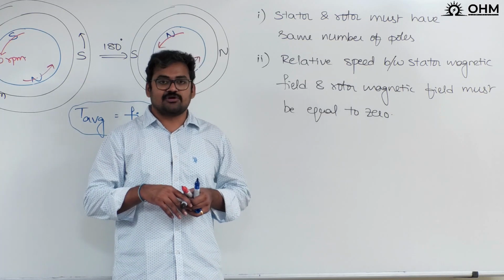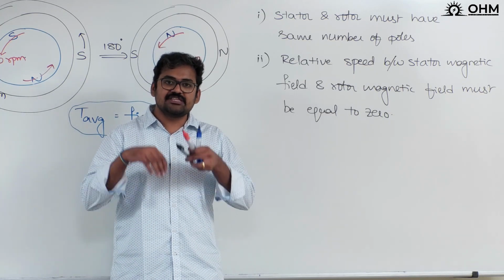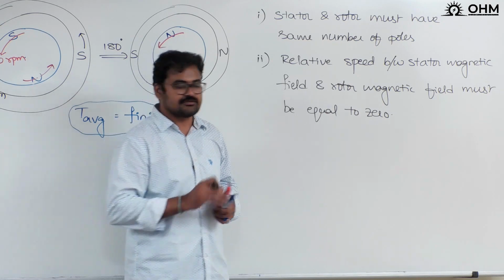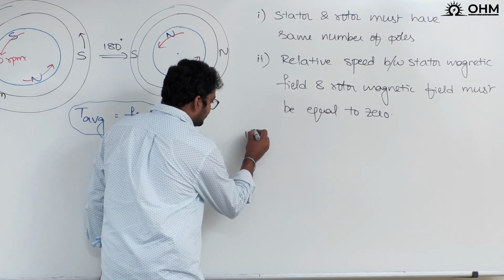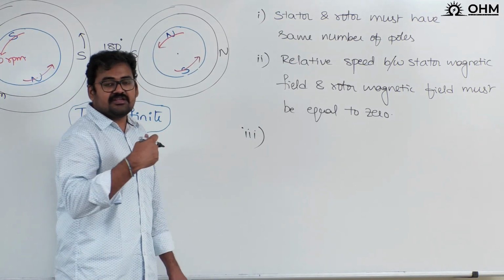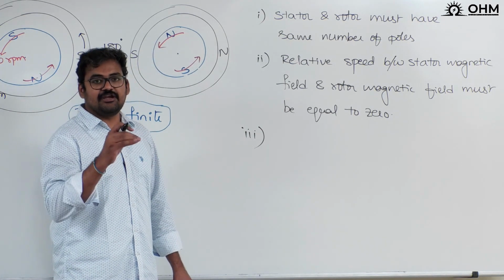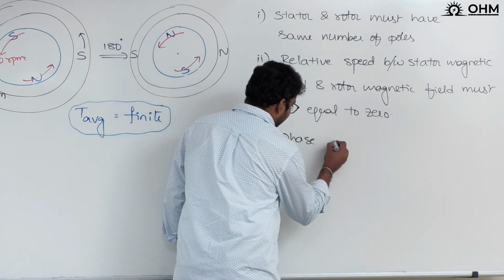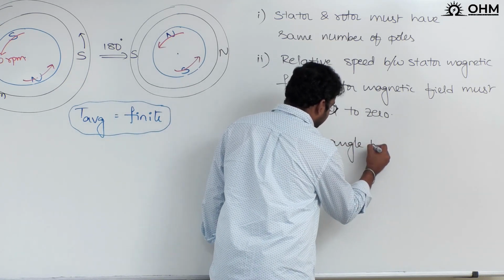There is a third condition also that we have to show with a theoretical proof. Let me write down here, then we will see what is the theoretical proof for that. Okay. The third condition is phase angle between stator field and rotor field must be finite.